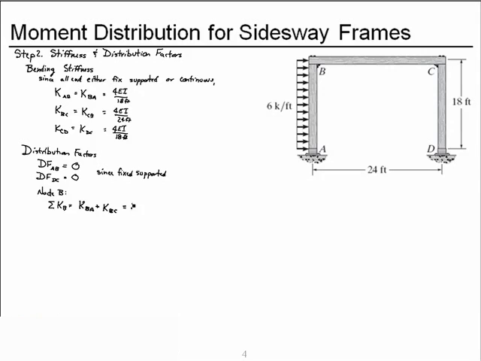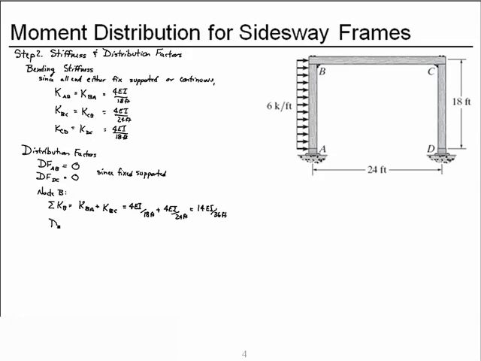That equals 4EI over 18 feet plus 4EI over 24 feet. And together, if we find common denominator, add these up, we get 14EI over 36 feet.